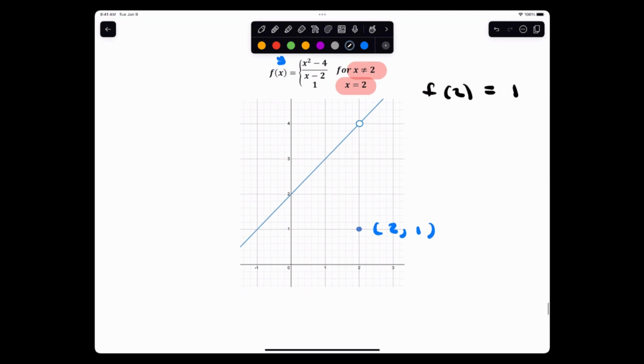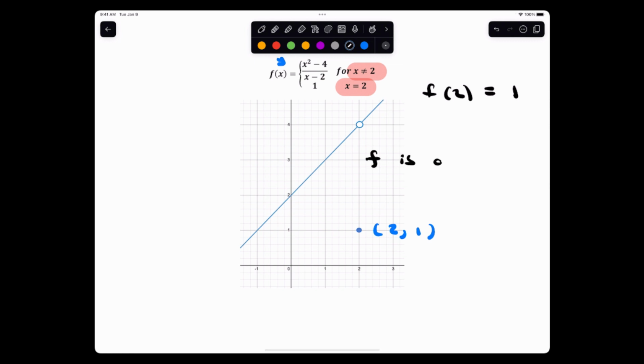You say, how do I know it's defined? They just defined it by putting a point wherever they wanted to put a point. That's all. Okay, it's defined now. Just because it's defined, does that necessarily mean it's continuous at that location? No. So f still is what? Discontinuous at x equals 2.